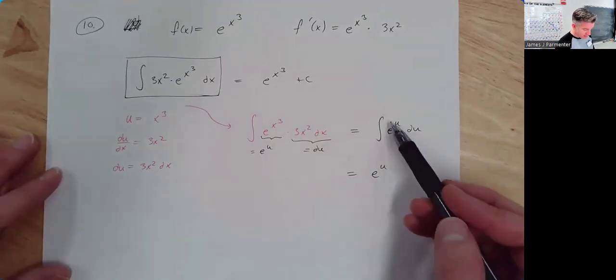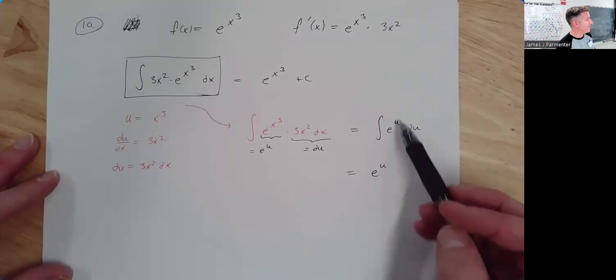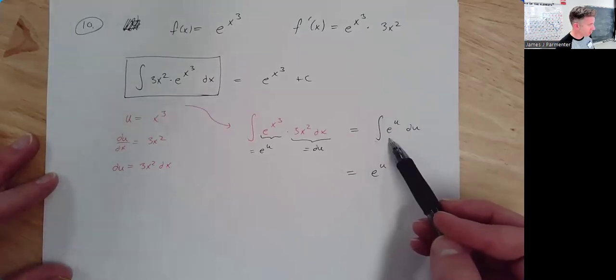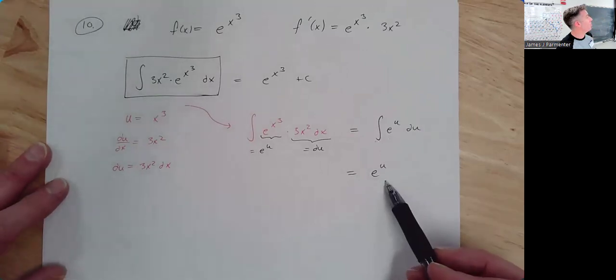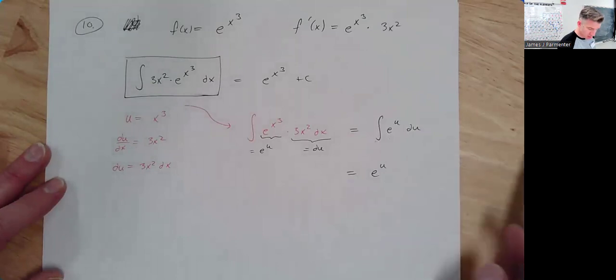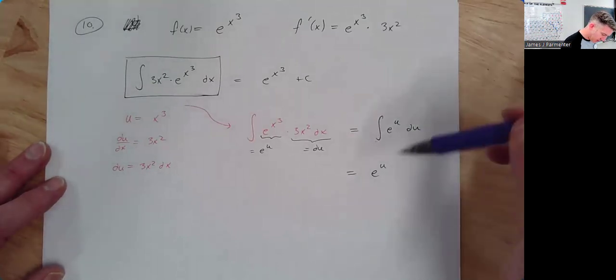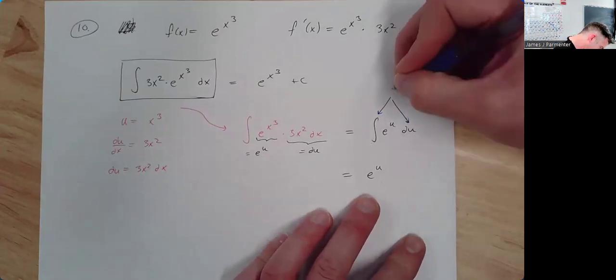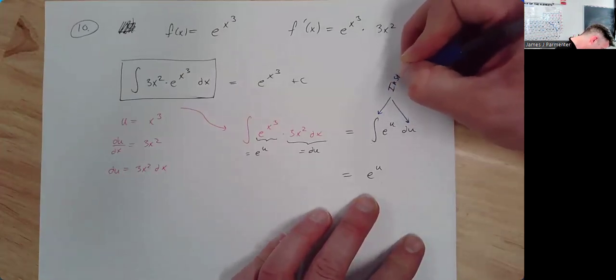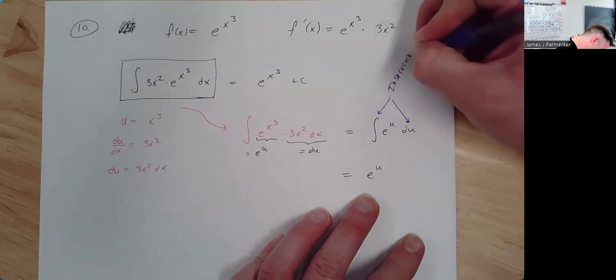Right? This symbol says find the antiderivative of e to the u with respect to the variable u. And then we did it. We no longer write the instructions to say to do the thing that we just did. So when you look at this, that symbol there and that symbol there are just instructions that say find the antiderivative.